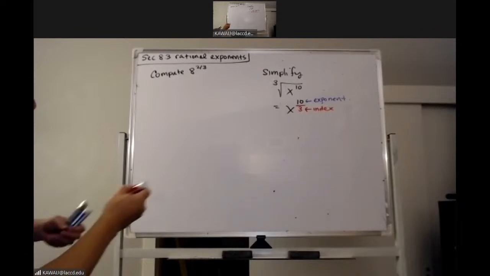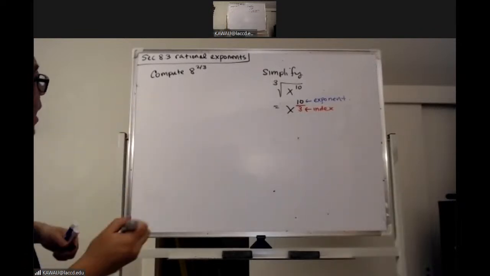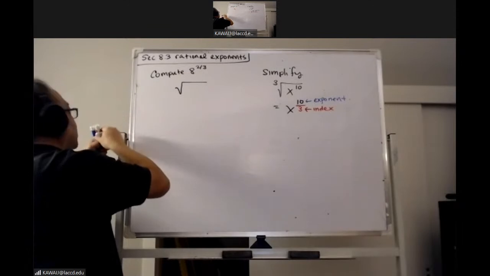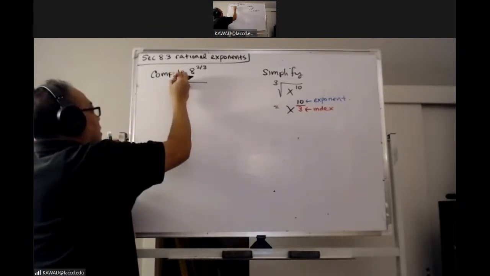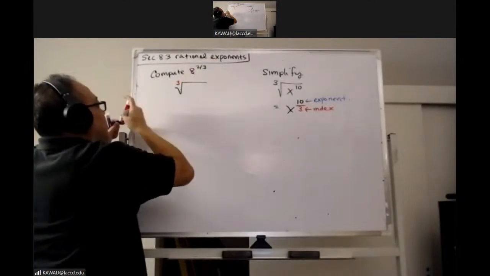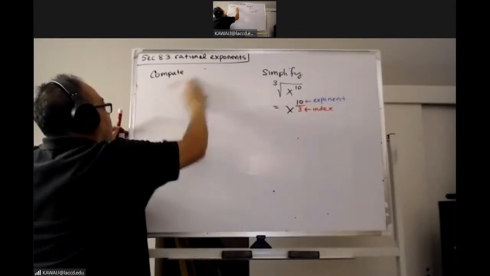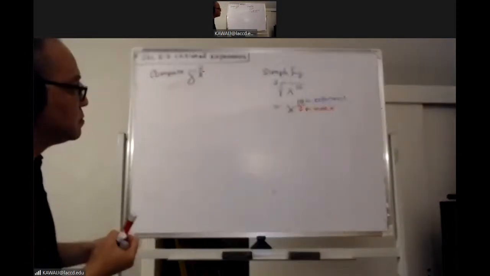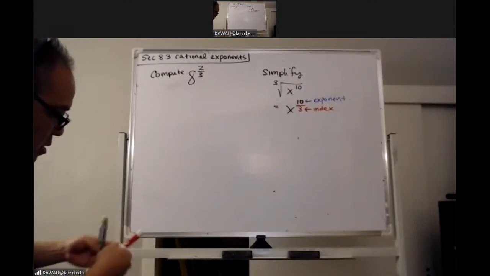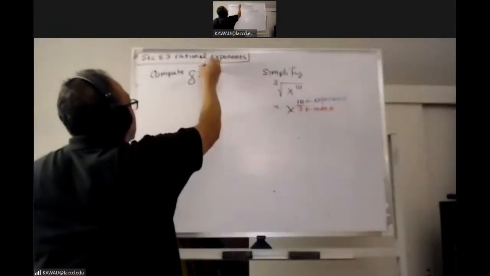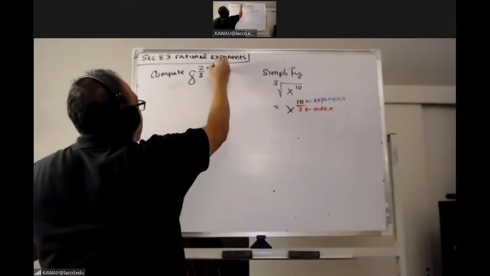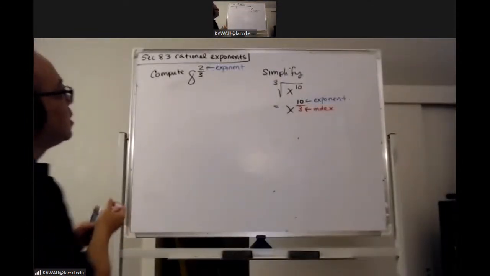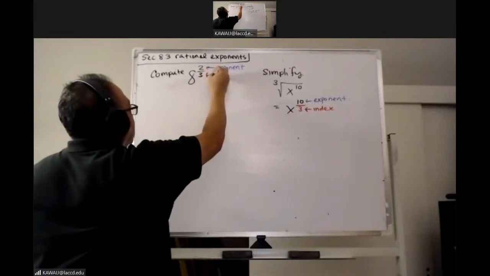So we could rewrite this as a radical. We could rewrite it like this. So that 3 is the index. Well, let me write it a little bit easier. So this one is the exponent. This one is the index.